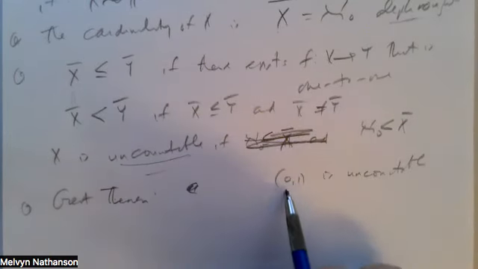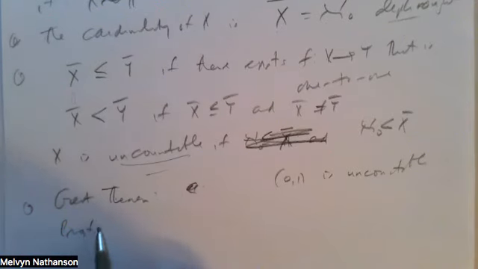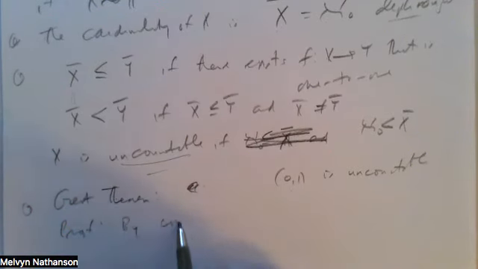There are infinitely many numbers between 0 and 1, but they cannot be put in one-to-one correspondence with the positive integers. And the proof is by contradiction.